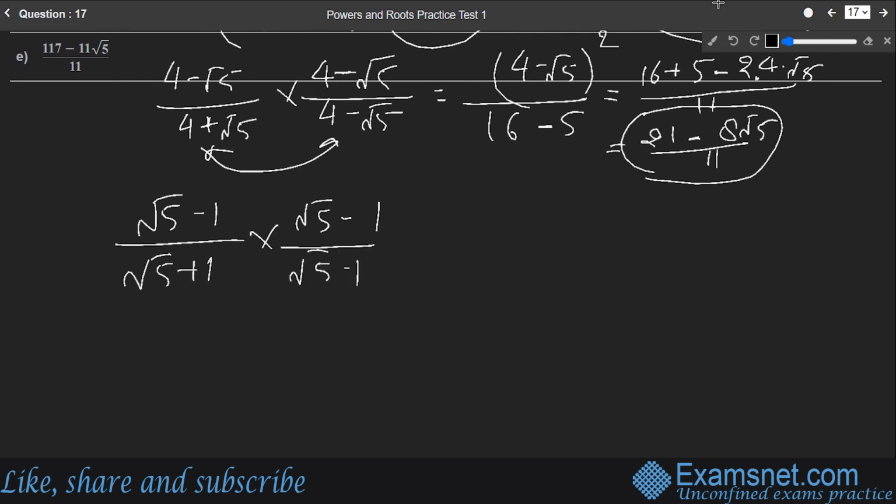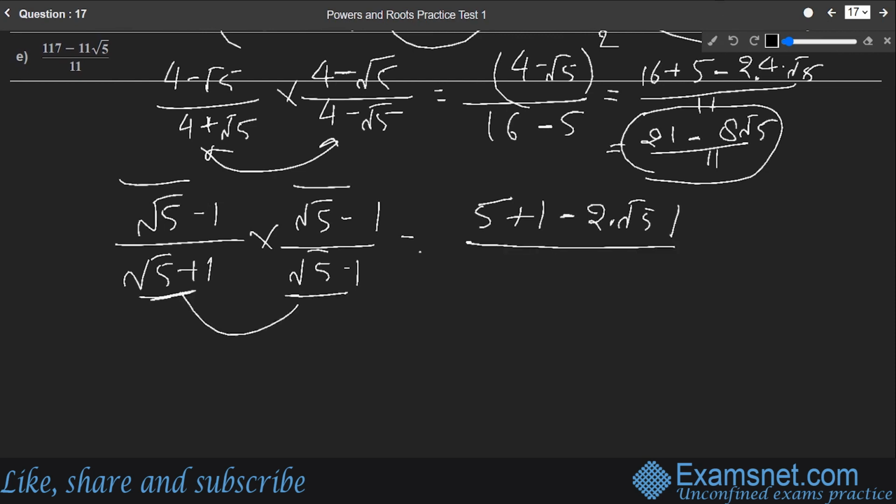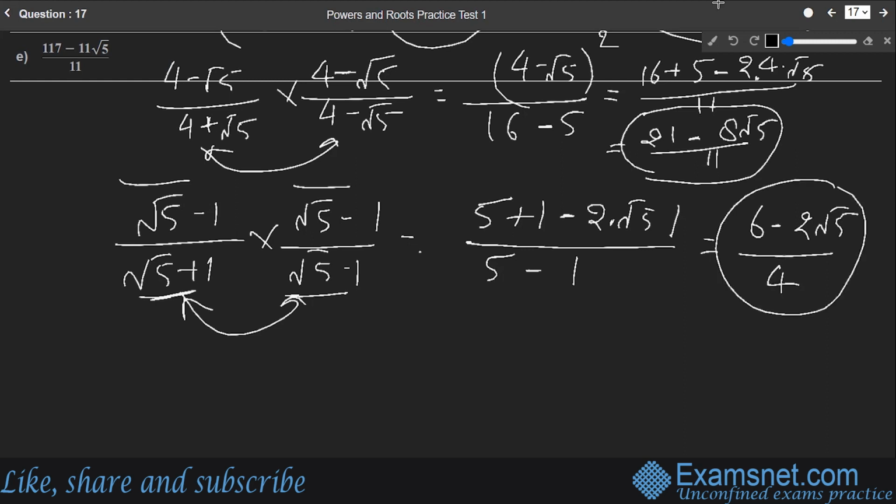On the numerator side, it is a minus b's whole square again, which is 5 plus 1 minus 2 into root 5 into 1, divided by a plus b times a minus b, which is a square minus b square. So it's 5 minus 1, which is 4, and this comes out to be 6 minus 2 root 5 divided by 4. This is the third term.